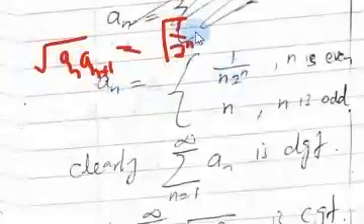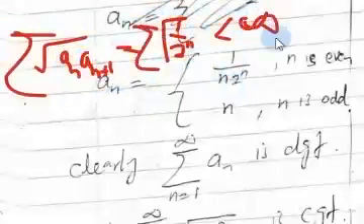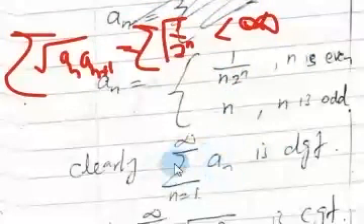This is convergent. When you consider the sum, this series is convergent, but the sum of the a_n, the infinite series of a_n, is divergent.